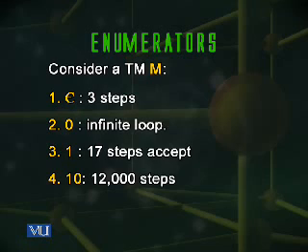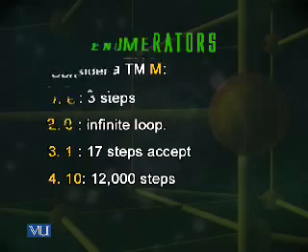The string 1 will be outputted in the 17th phase by this enumerator. On the other hand, the string 10 will be outputted actually in the 12,000th phase of this algorithm. So this enumerator will be enumerating all the strings that are accepted by this Turing machine M.